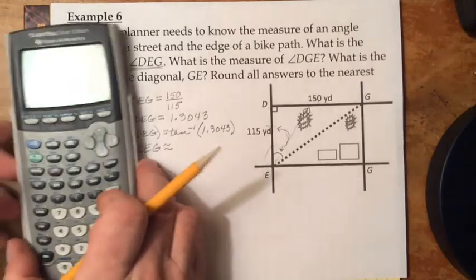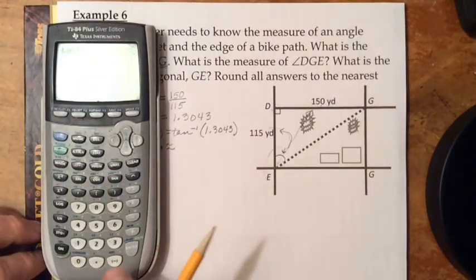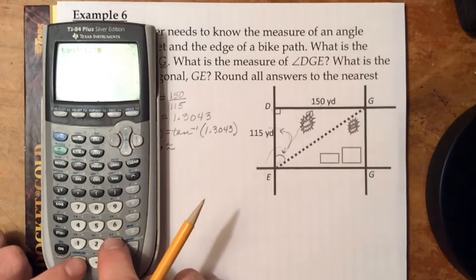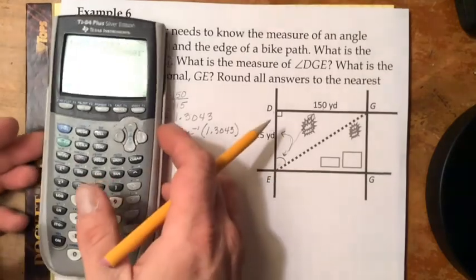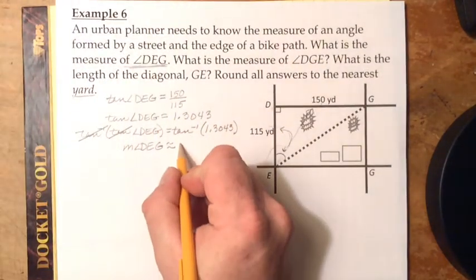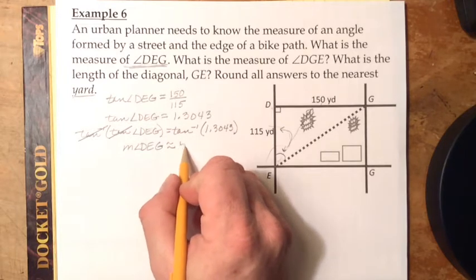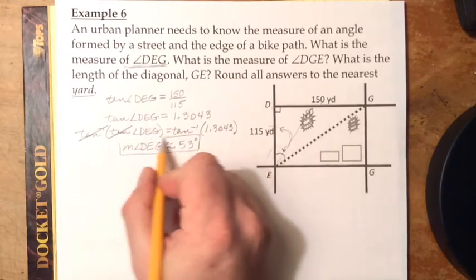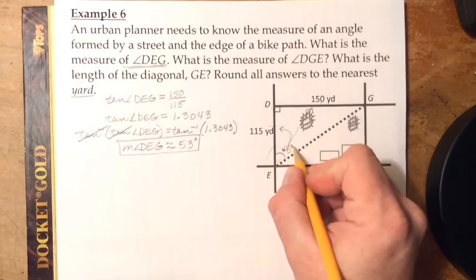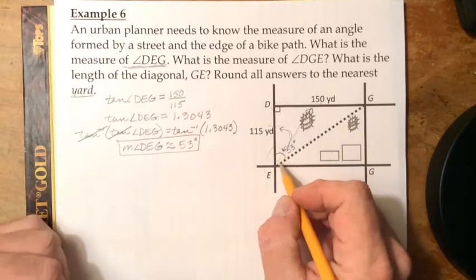That's the second key right here, tan or arctan, and then 1.3043, close parenthesis, enter. And we get about, rounding to the nearest yard, that's the ones place, you get 52.5 and so forth, so that would be 53 degrees, about 53 degrees. So this is 53 degrees here, about. Okay, so we found the angle we were looking for.